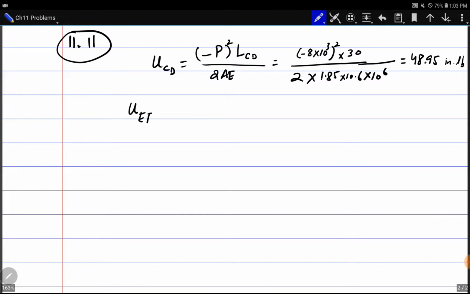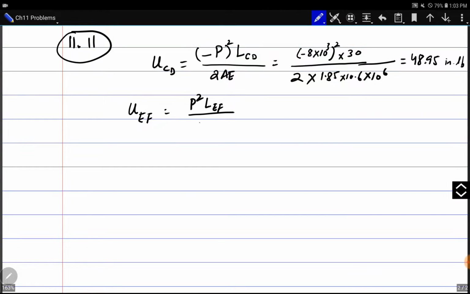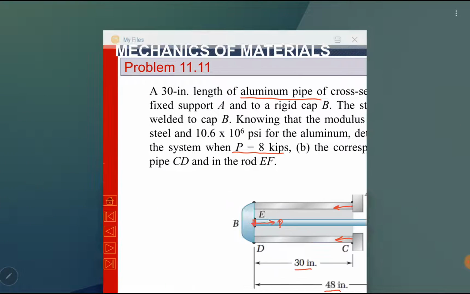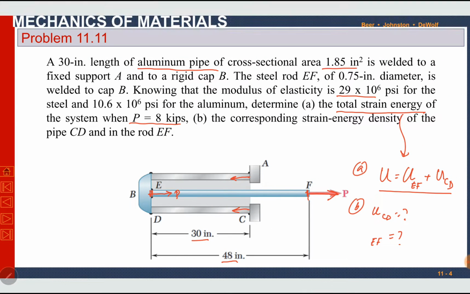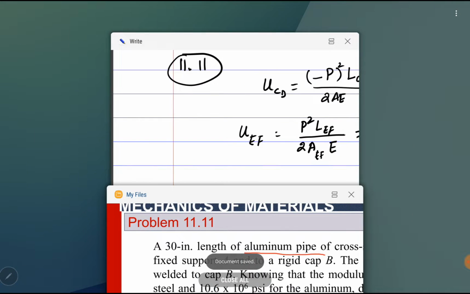For rod EF, it is under tensile load, P square LEF divided by 2 area of EF into E. E is same for both of them, so I am writing E simply. P is 8 into 10 power 3. Length of EF is 48 inches. Area of EF can be found from this diameter 0.75, pi by 4. E is 29 into 10 power 6.